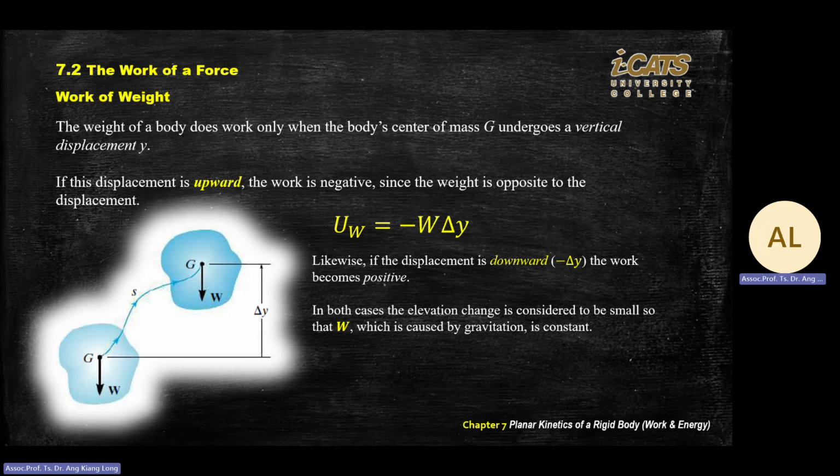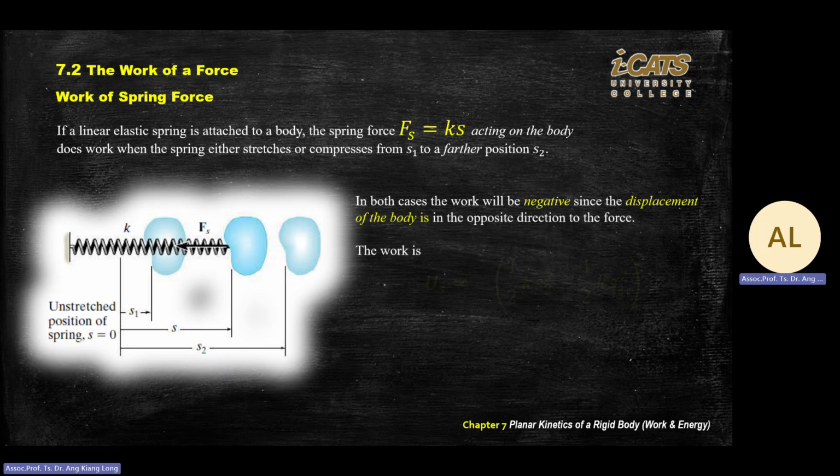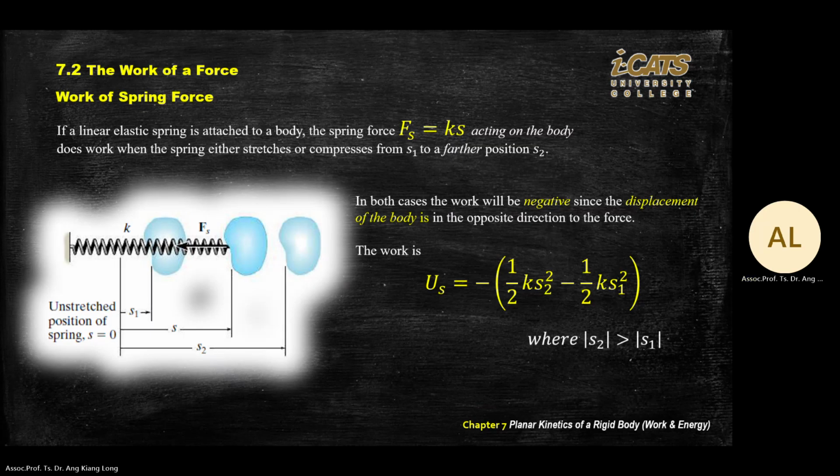Need to take care of this one. Spring force, you learned this before. Spring force does negative work, which is half k s2 squared minus half k s1 squared. Just need to take note that here the magnitude of s2 is larger than s1.